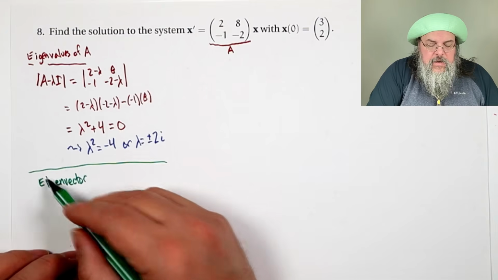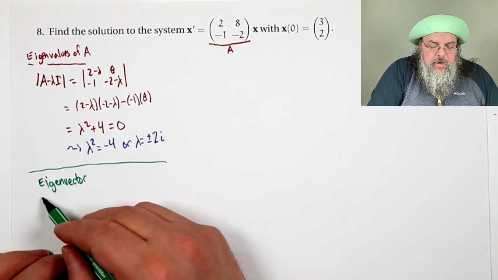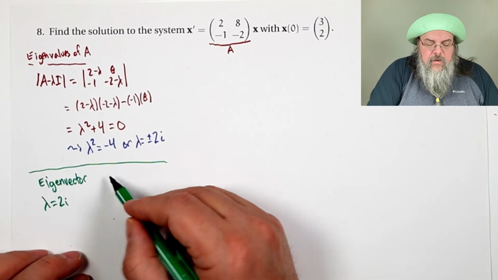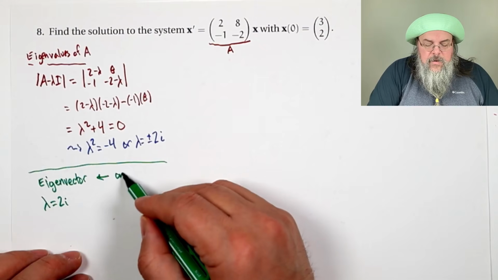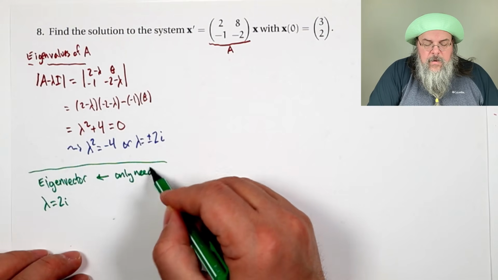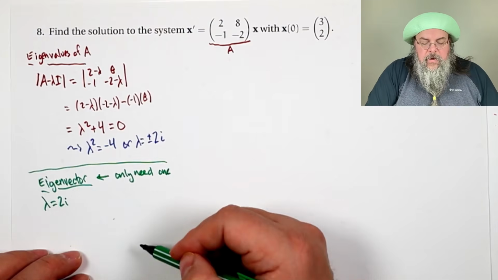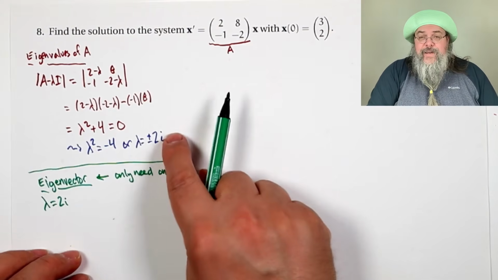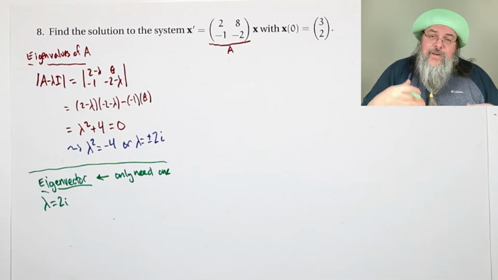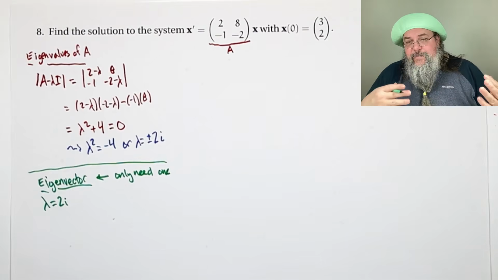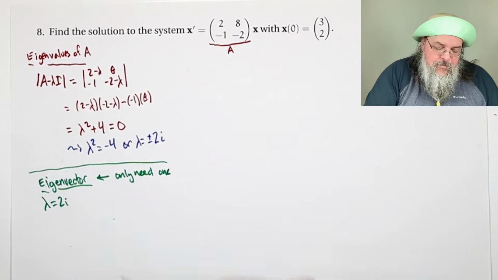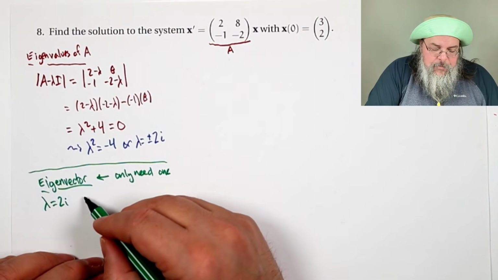And what I recommend is you use the positive, so we're going to go lambda equals 2i. The reason we only need one is because we're in complex. Things come in pairs. Once you understand one eigenvector, the other one is right there for us to grab.